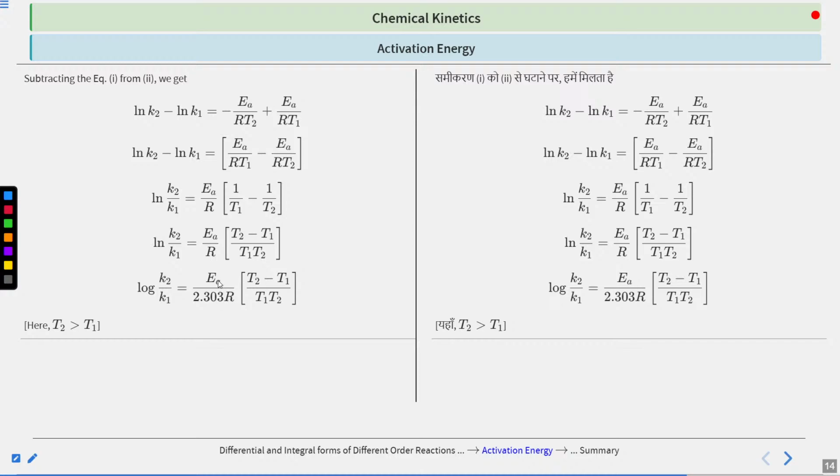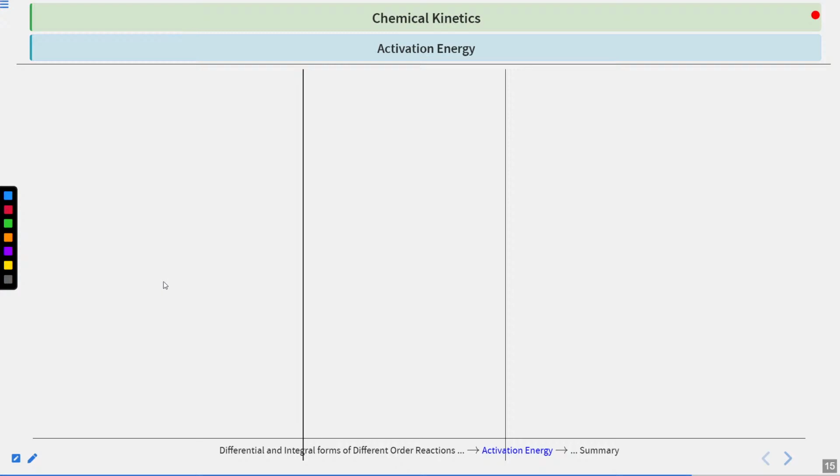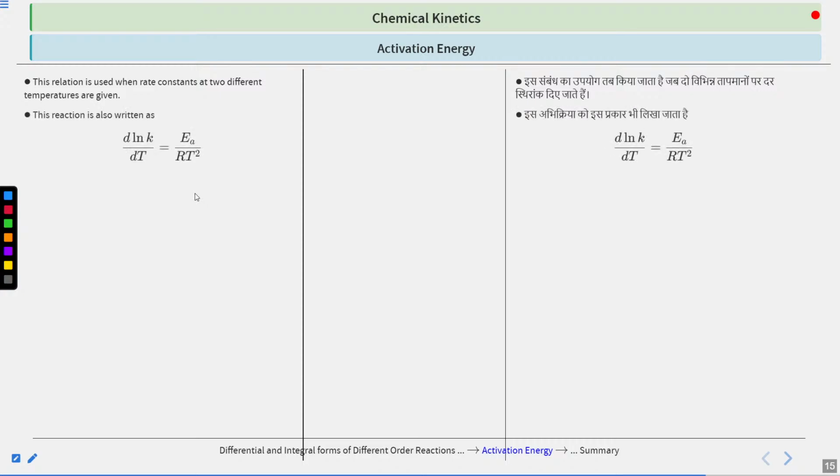We can take T1 greater than T2 also, that will automatically be accounted for by this k2 by k1 value. Now this relation is very important as it is used to calculate the rate constant at a temperature by knowing the rate constant which is given at a different temperature. So it is a very important equation, and numericals are very often asked from here.